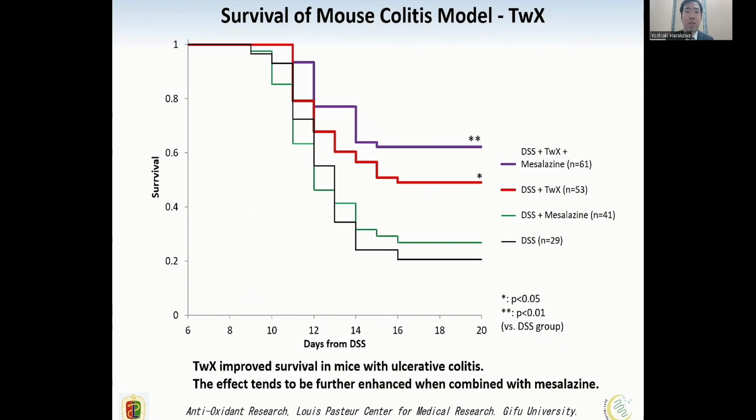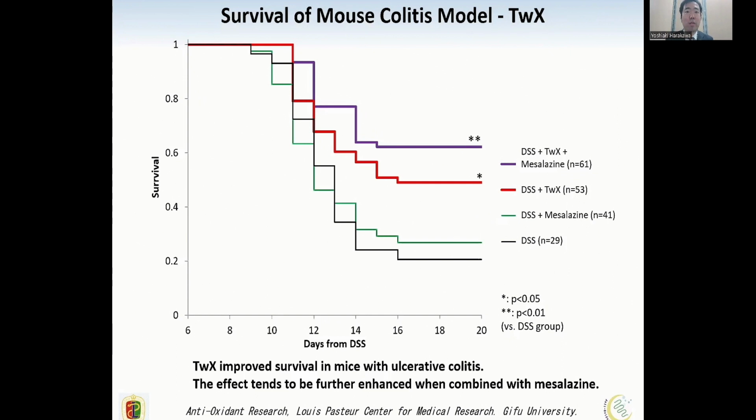The administration of the drug mesalazine increased the survival rate to about 30%. However, there were no significant differences from the control group. On the other hand, the administration of 20X significantly increased the survival rate to more than 50%.